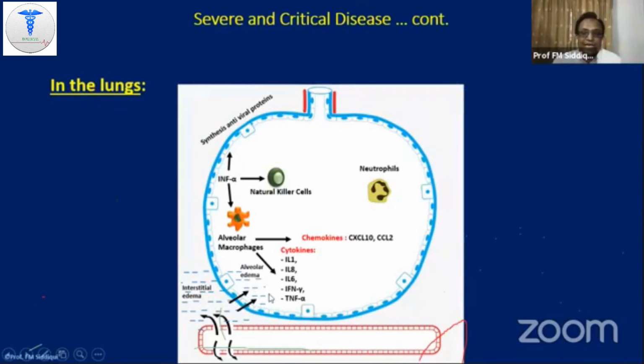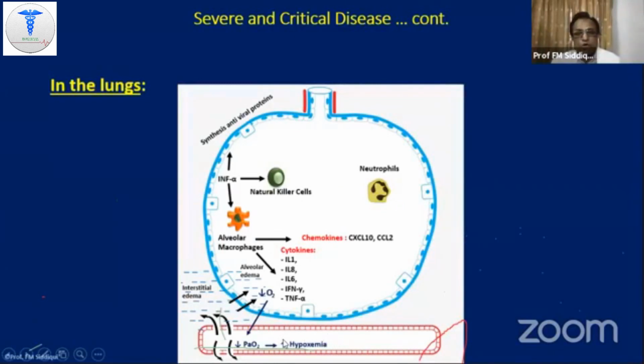That causes another problem. As we know, oxygen diffuses from the alveoli into the pulmonary capillary. So diffusion of oxygen becomes hampered and difficult because of the alveolar edema and interstitial edema. So the partial pressure of oxygen starts going down. As it continues, the patient develops hypoxemia.